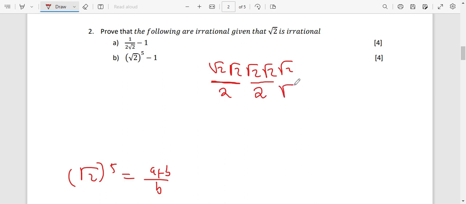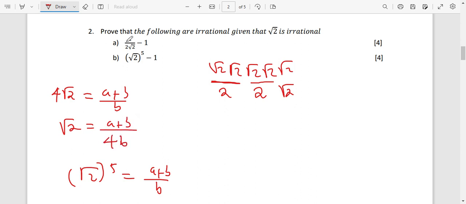And then we have this square root of 2 which we can't multiply. So what we have is 2 times 2 times square root of 2, that is 4 square root of 2, and that is going to be equal to a plus b over b. To remain with square root of 2, square root of 2 is going to be equal to a plus b over 4b. Right? Very good.